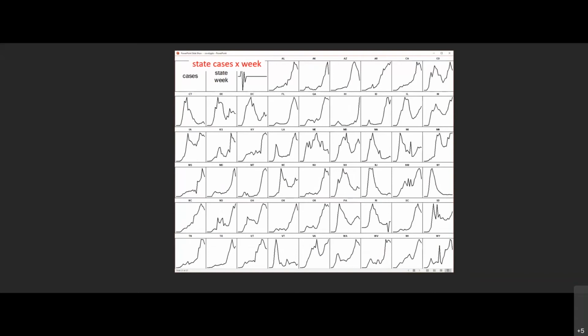So here what I did was I looked at each state alphabetically, looked at the incidence per state on a scale of 0 to maximum.